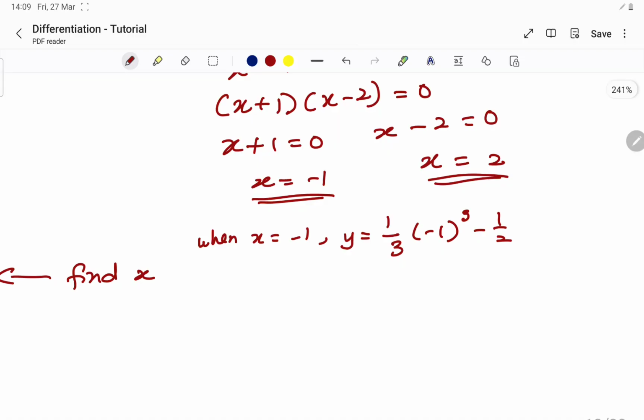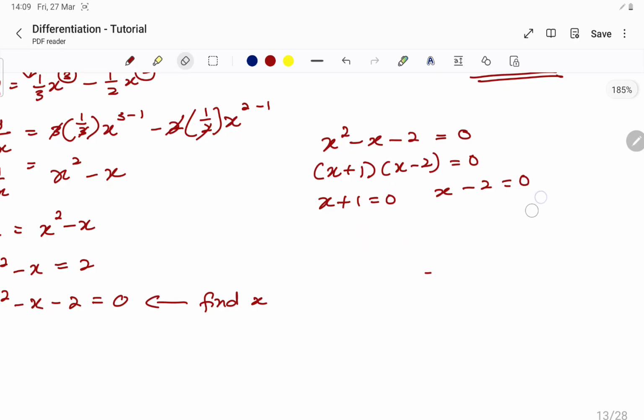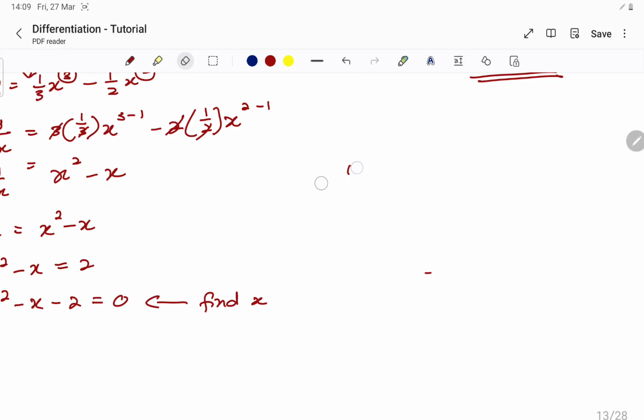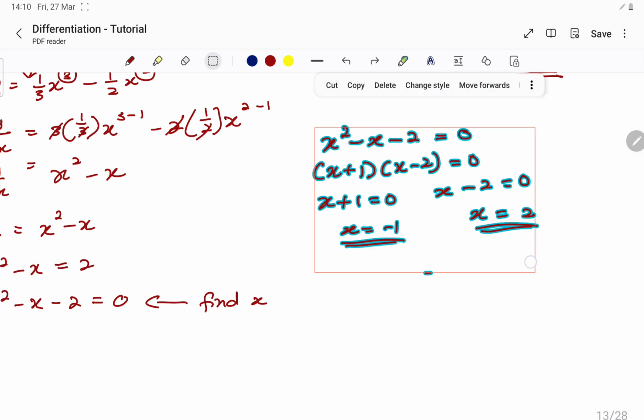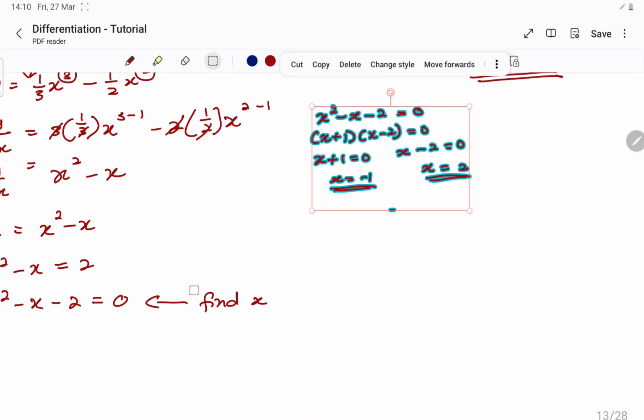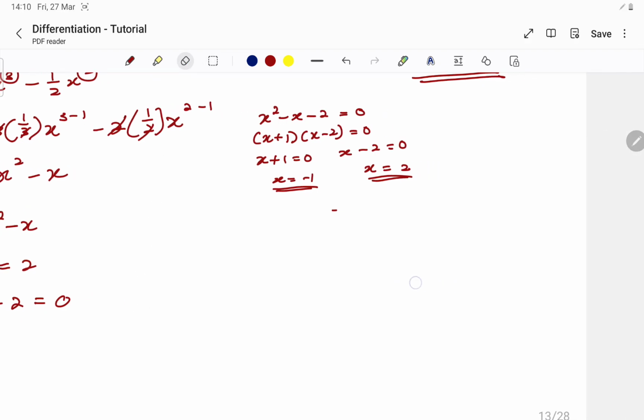Oh, I think I have to clean this one. Okay, this one I remove.